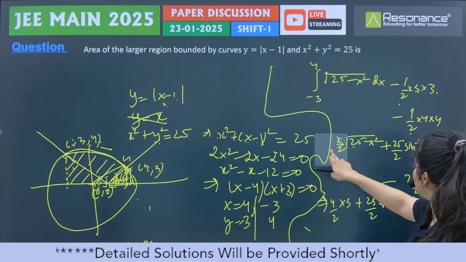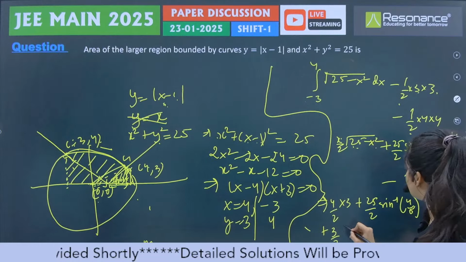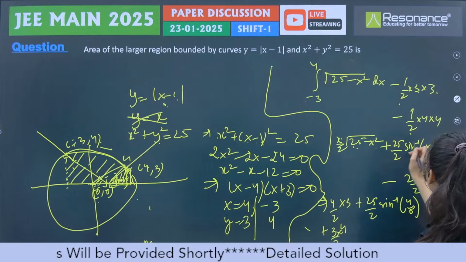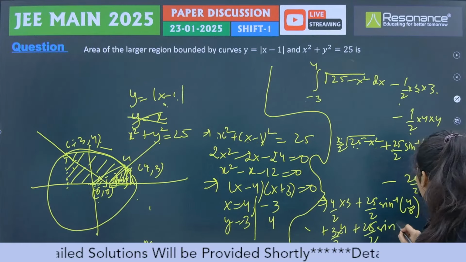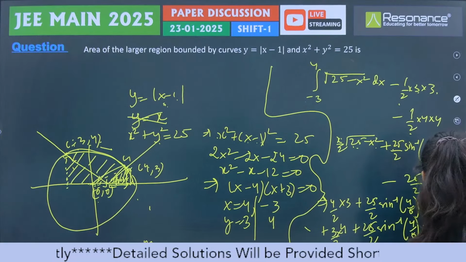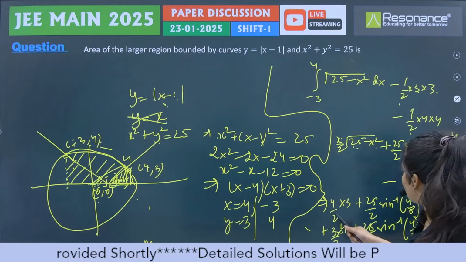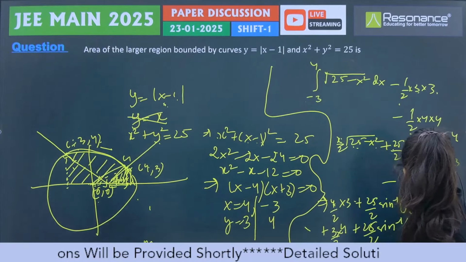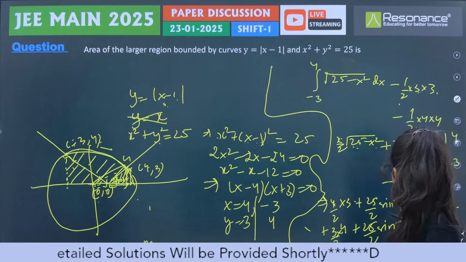Minus minus will become plus 3 by 2, 25 minus 9, 4, again sine inverse minus 3 by 5, minus minus will come outside, 25 by 2 sine inverse 4 by 5 minus 25 by 2. Now if you solve this, this is 12 by 2 plus 12 by 2, 24 by 2, minus 25 by 2, minus 1 by 2.